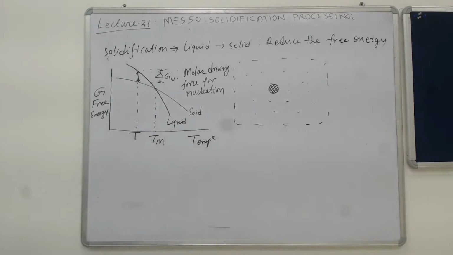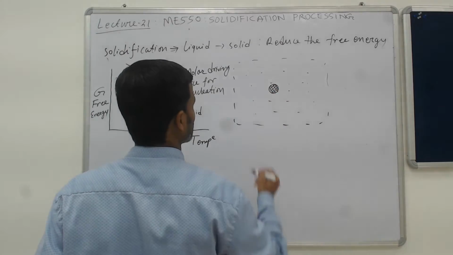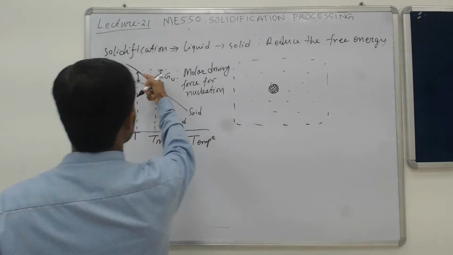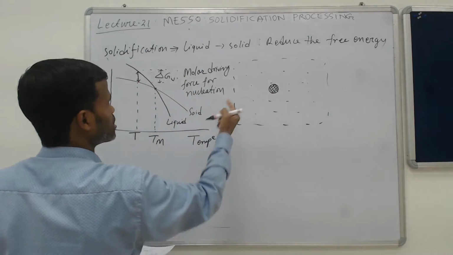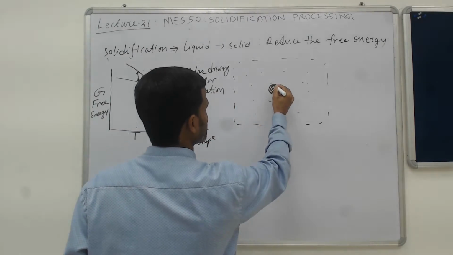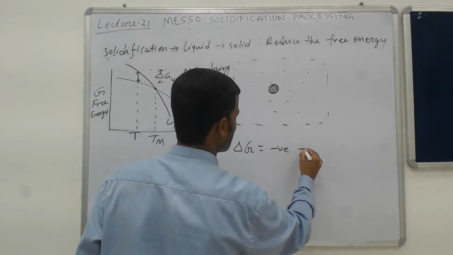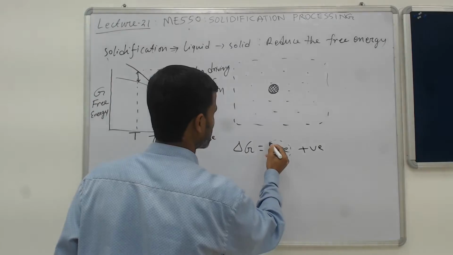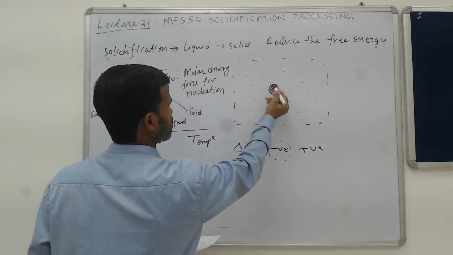Now when solidification occurs, this is the formation of a small cluster. This is how it will start. When it happens, free energy is changing, but it is not only a negative change in free energy, because you are creating a surface. So if you write down the total change in free energy, there will be a negative term and there will also be a positive term. The negative term is coming from this phase change, liquid to solid, associated with this volume.